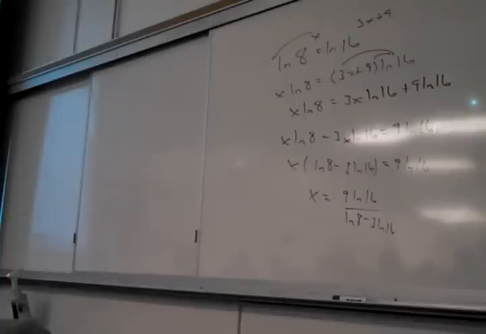If you don't close this, then everything else is in that first ln, and that's not what you mean. I hate that. It's like Microsoft Word: don't guess what I want. I'll put it there if I want to. So ln of 8. See how I put a parenthesis here so it knows what the bottom is? Ln of 8 minus 3 ln 16.